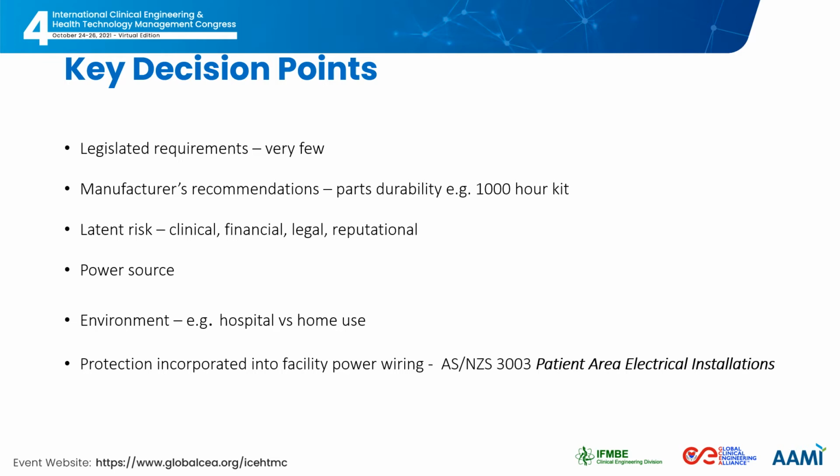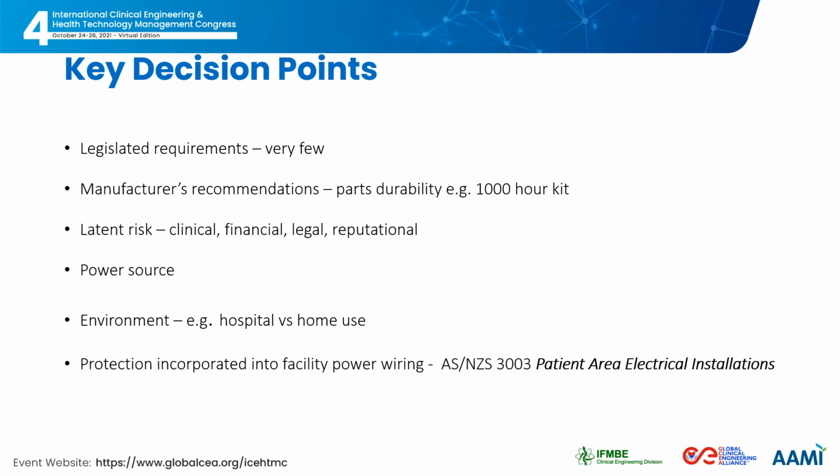The first of those was any legislated requirements that may exist around equipment maintenance. These are in fact very few in Australia and mainly centre around equipment that produces ionising radiation. We of course take manufacturers' recommendations into account as one factor, and a good example of where these really come into play is where there might be non-durable parts, and take for example where a ventilator may need a 1,000-hour kit, otherwise failure is imminent.